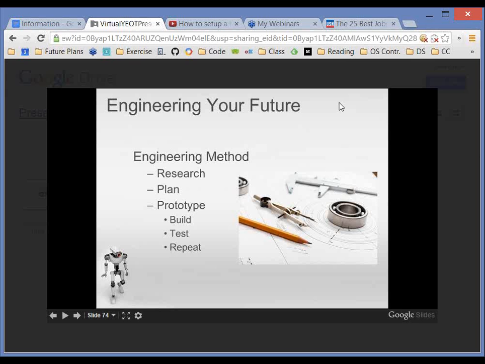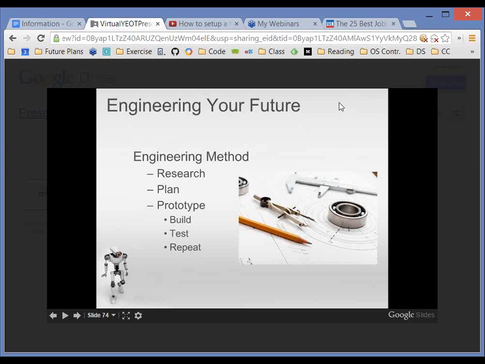That's a whole cycle, and a lot of business is figuring out who your market is. That's marketing. A lot of business is the creation side, which comes from the engineers, but it really takes the engineering mindset, and that's an important thing that I didn't emphasize earlier when we were talking about jobs. It's really about your mindset to be an engineer.